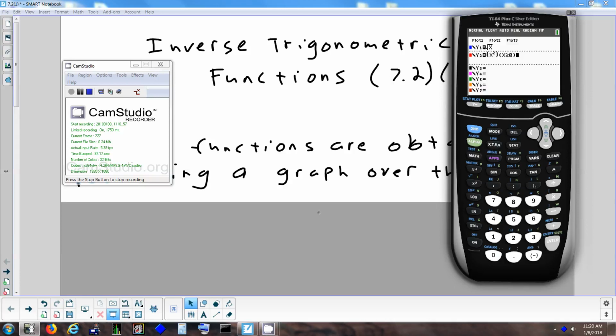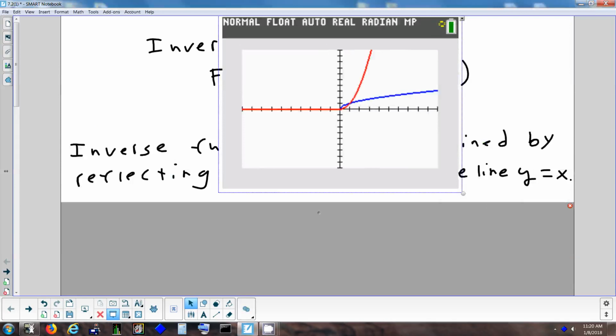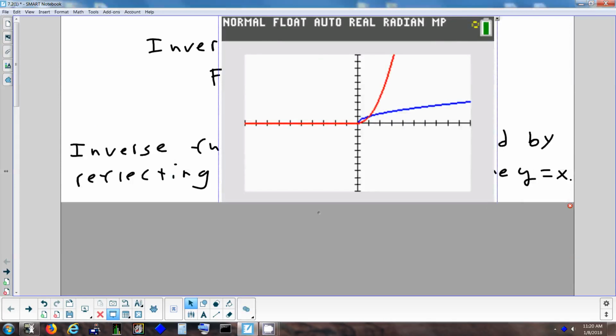Okay, watch what happens when I graph these. There's your square root. Focus on quadrant 1. There's your square. If I were to draw the line y equals x, just like that, that blue line and red line should be mirror images of each other.